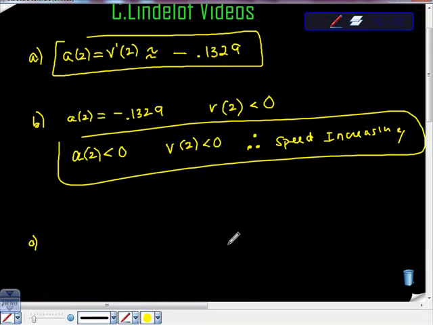I'm going to say that v of t is greater than 0. The velocity is positive from t greater than or equal to 0 to less than 0.443. Right? After that, it's negative.